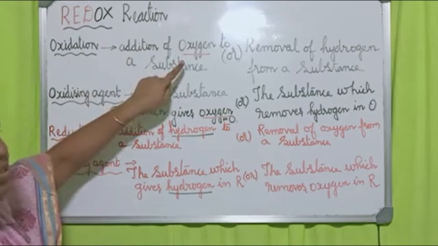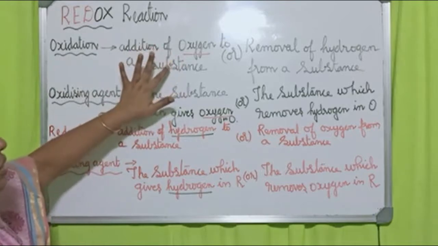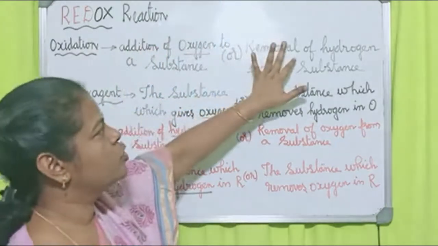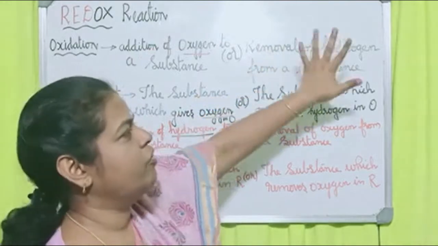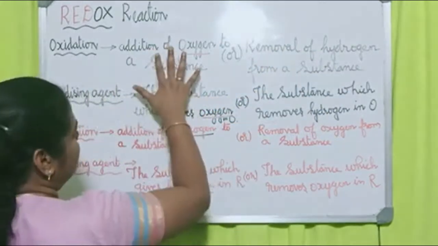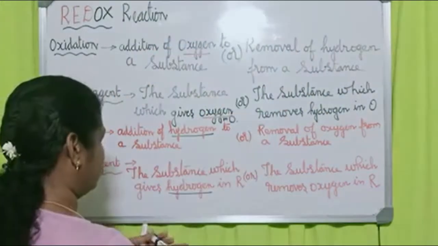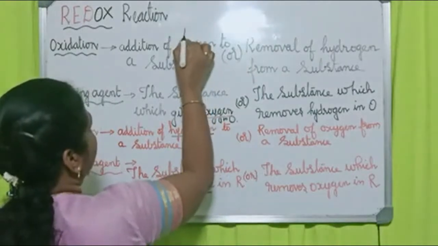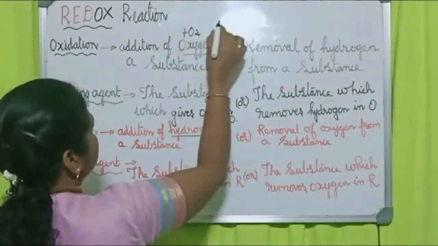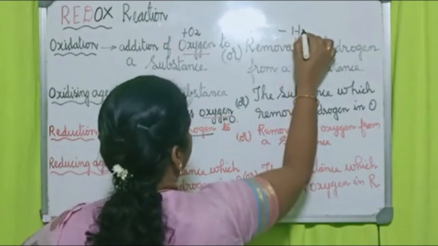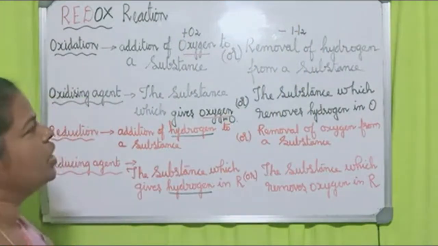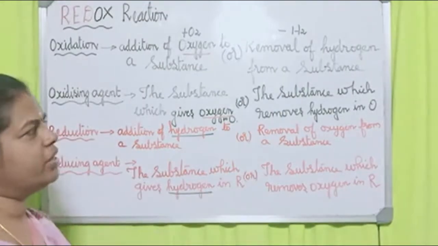Addition of oxygen to a substance is called oxidation. Or it can also be removal of hydrogen. To make it clear, you can put plus oxygen, minus hydrogen. Addition of oxygen or removal of hydrogen.